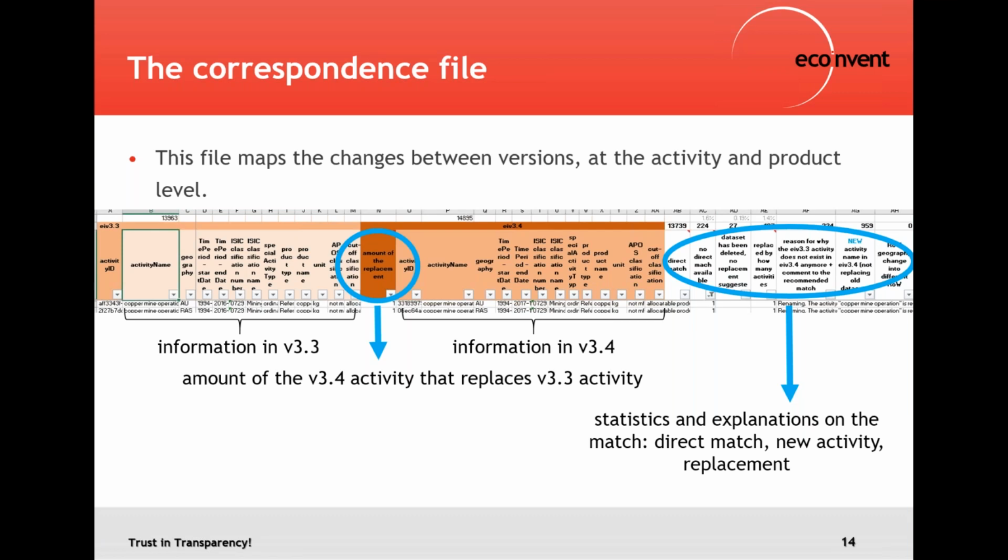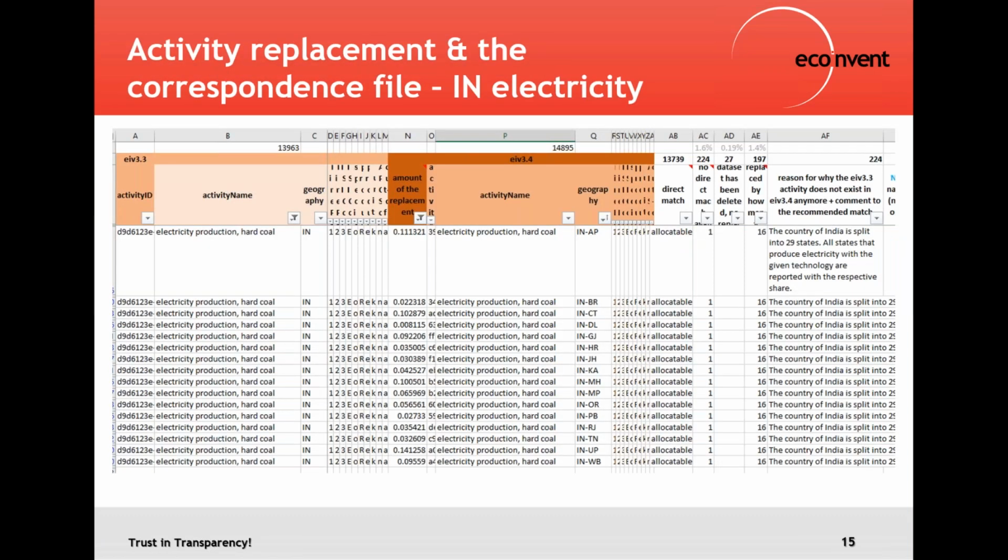Just quickly, I will describe the example using Indian electricity. Here you can see electricity production hard coal in India in version 3.3, which is now matching several activities in version 3.4, each of them located in one Indian state.